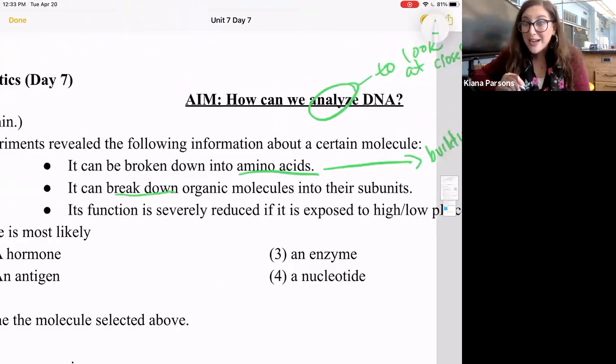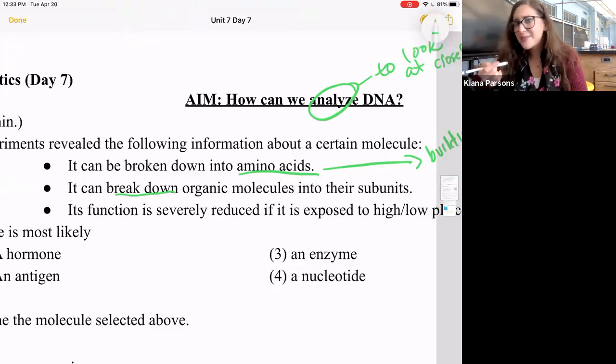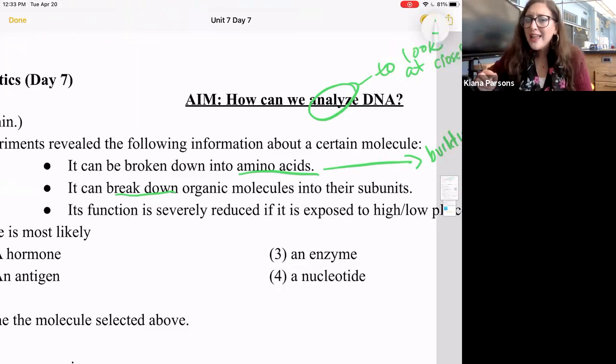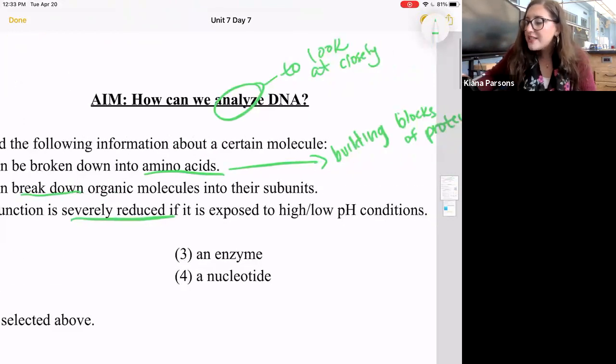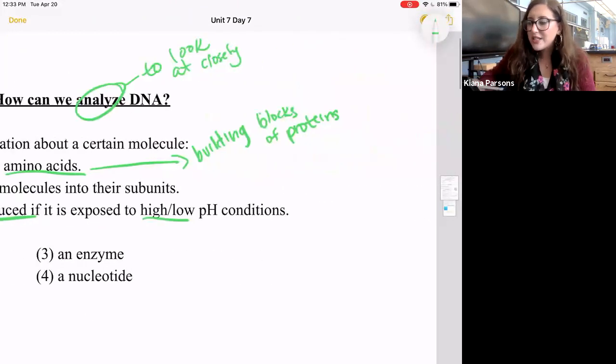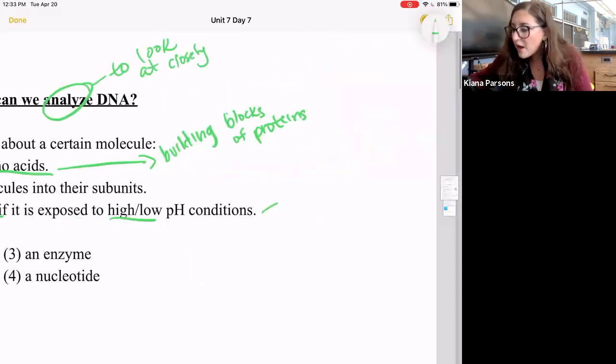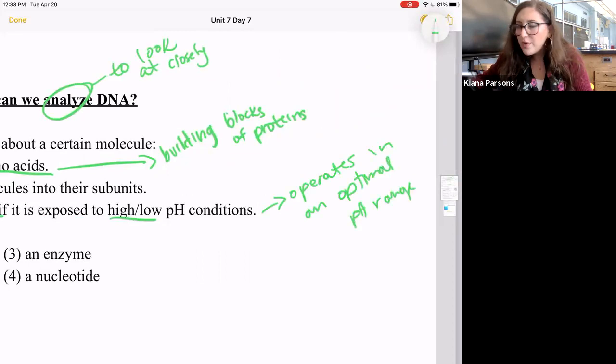Another word maybe for breakdown is digest. Sounds like something we've talked about before. And its function can be severely reduced if it is exposed to high or low pH conditions. So it operates in an optimal pH range. Does this sound like something we've heard about before? Answer it on your own if you can.